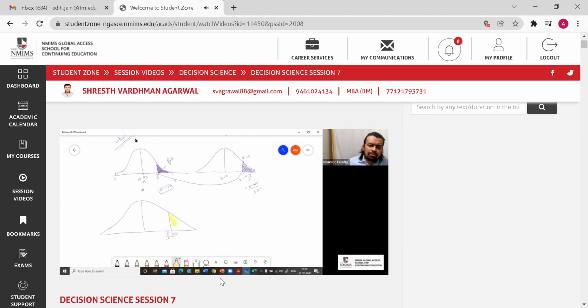We want probability for this area, which is not directly available from the Z table. What is directly available from the table is the probability of this area, from extreme left to Z equals 1.3. This is available.